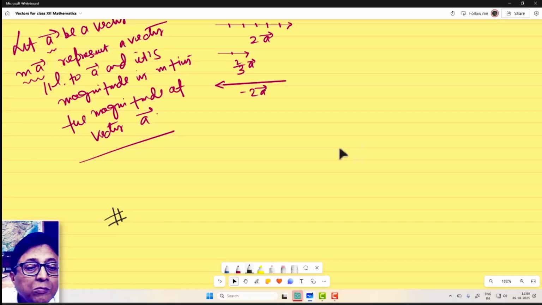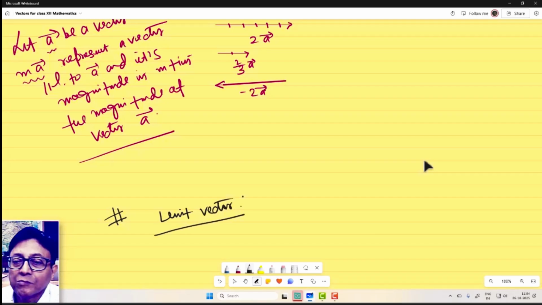Now, unit vector. What is that? You draw a vector. You are taking a vector of magnitude 1, 2, 3, 4, 5 units.